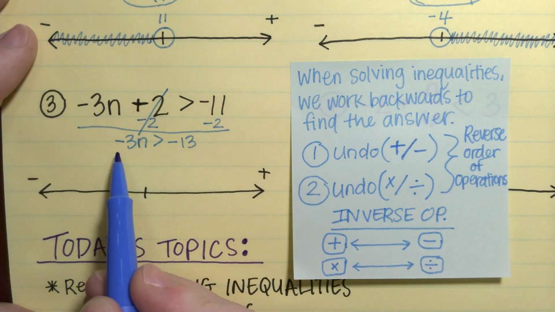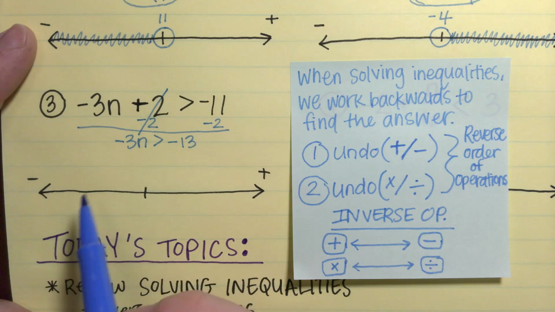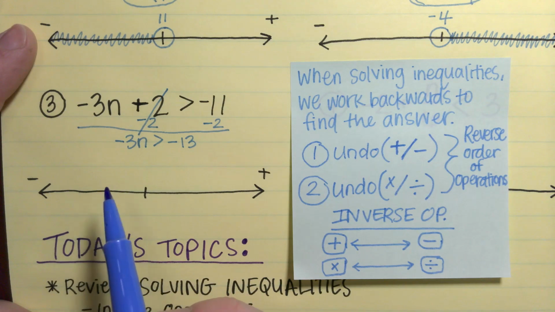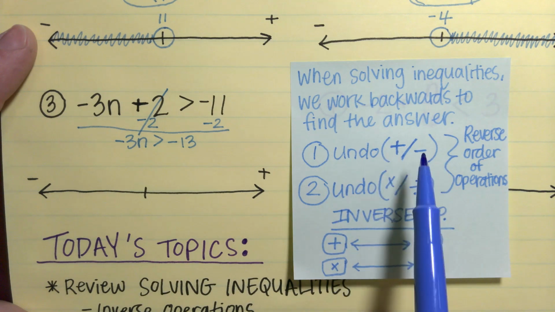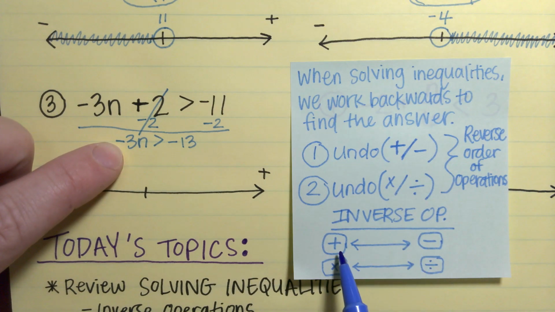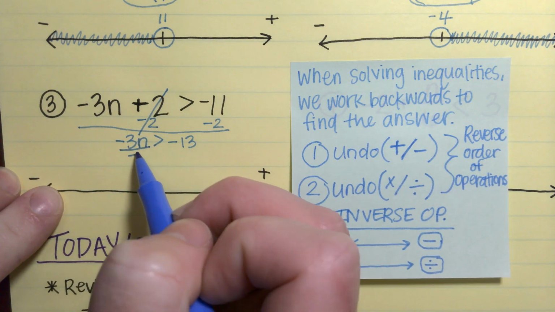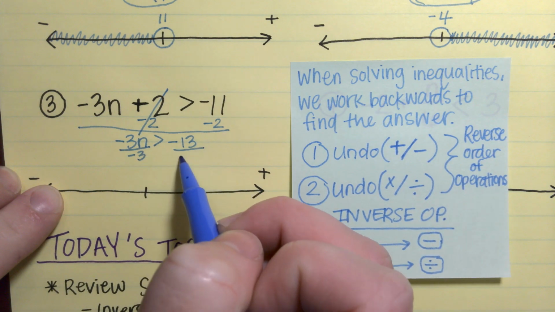What do we do now to get n by itself? If I've got negative 3 times n, divide. So we've done our addition and subtraction, getting rid of that. Now we're undoing our multiplication by dividing, because that's the inverse, that's the opposite. So I will divide by negative 3 on both sides.